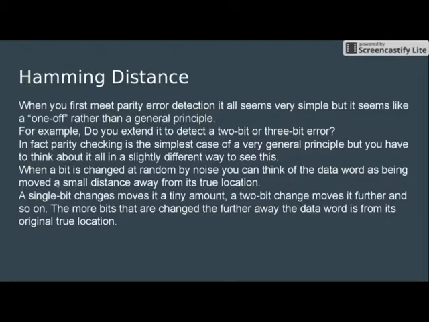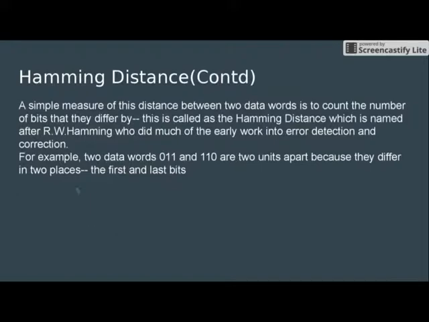When a bit is changed at random by noise, you think of the data word as being moved a small distance away from its true location. A single bit change moves it a tiny amount. A 2-bit change moves it further, and so on. The more bits that are changed, the further away the data word is from its original true location. A simple measure of this distance between two words is to count the number of bits that they differ by.